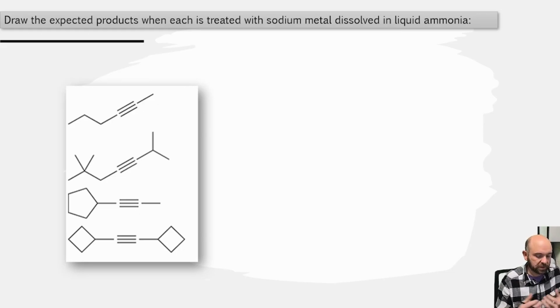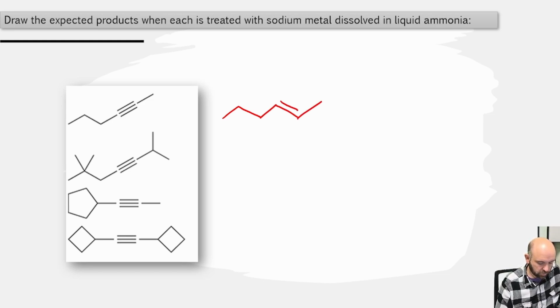So we have some more kind of simple examples here. What happens when each of these is treated with the dissolving metal reduction, essentially. And all we have to do is take those alkynes that we see and turn them into trans alkenes. And so we will show the first one here. We see that one, and then the triple bond is there.